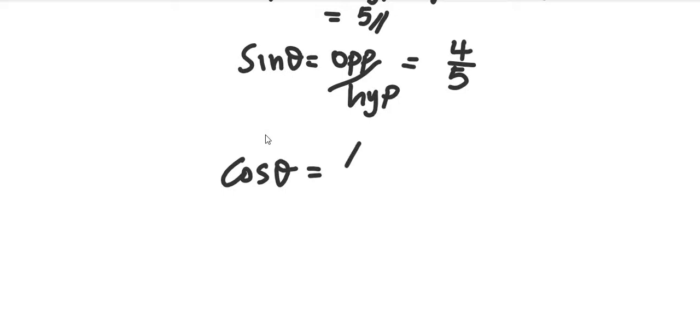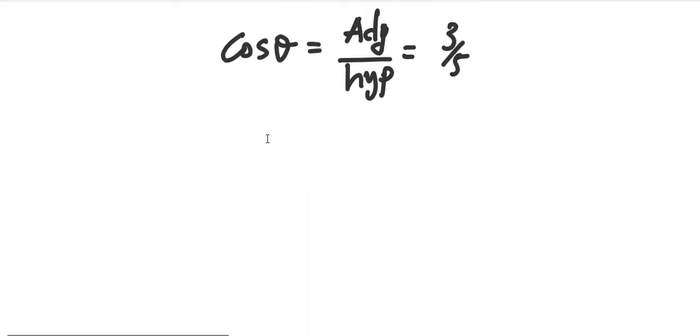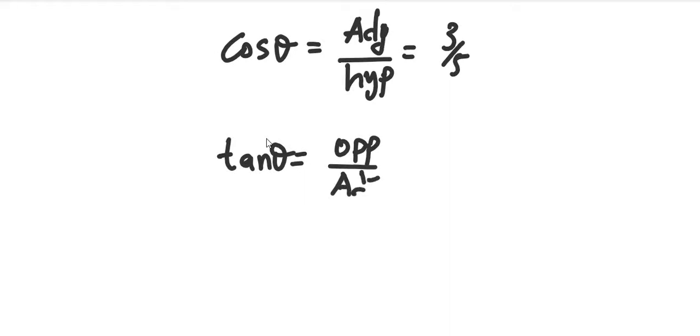We have our adjacent divided by the hypotenuse, and it is equal to 3 divided by 5. Now we have our tan function. Tan theta is equal to our opposite divided by the adjacent, and it is equal to 4 divided by 3.